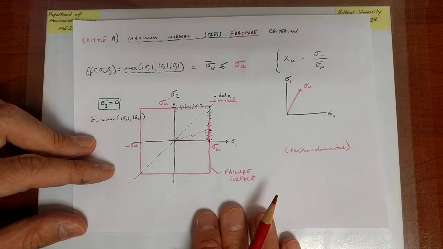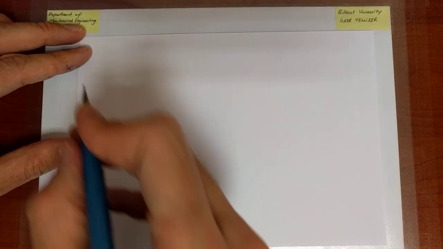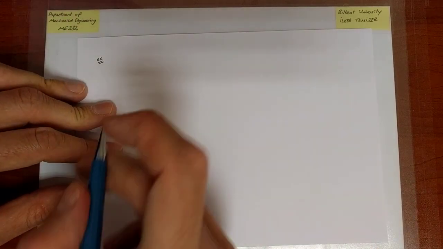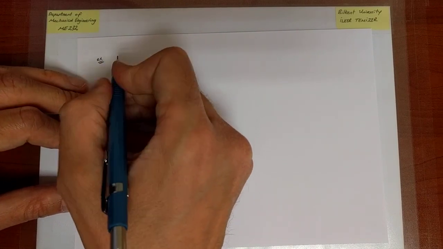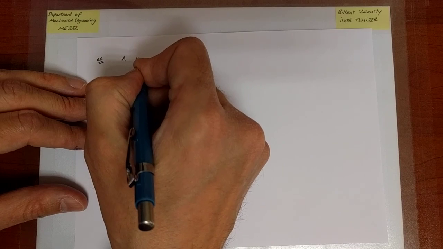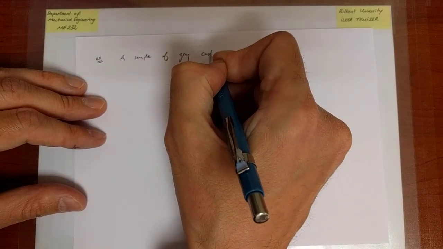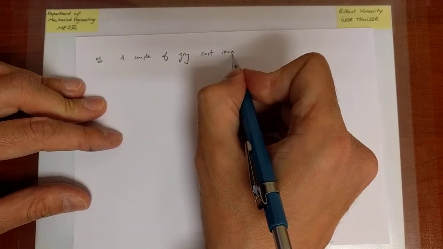So having said that, let me do a quick example. The example builds on an earlier example that we had discussed, so I'm just going to rephrase it in a new way. I'm going to say that we have a sample of gray cast iron.